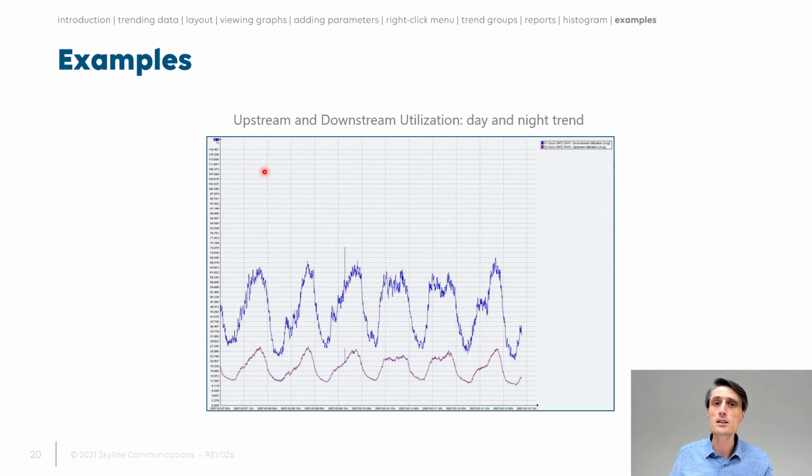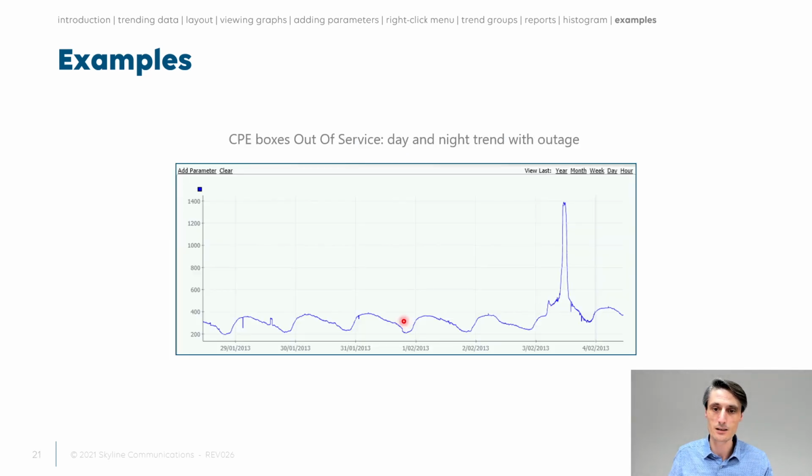Upstream, downstream utilization, day-night behavior of human beings. Human beings are getting up in the morning, they are using more upstream and downstream, they are going to bed again, so you can see that day-night behavior nicely in there.